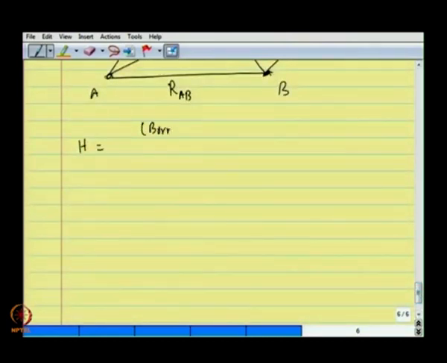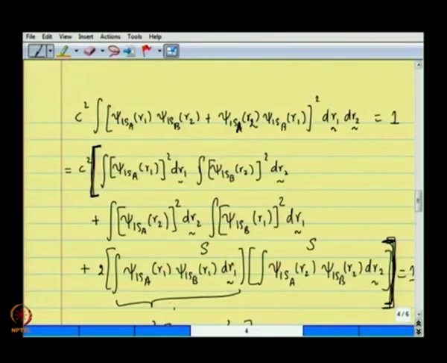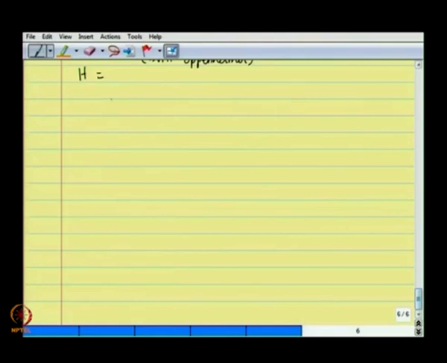Once we have written this, the Hamiltonian is, within the Born Oppenheimer approximation of not worrying about the nuclear kinetic energies, minus h bar square by 2 me, del electron 1 square plus del electron 2 square for the kinetic energy of the 2 electrons.